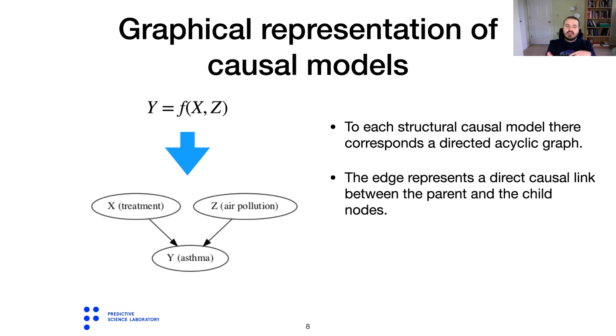Z directly causes Y. But there's no connection between X and Z, and the absence of an edge means that we believe as researchers that there's no connection between X and Z. X does not cause Z and Z does not cause X. The two things are independent. So to each structural causal model, there corresponds a directed acyclic graph.